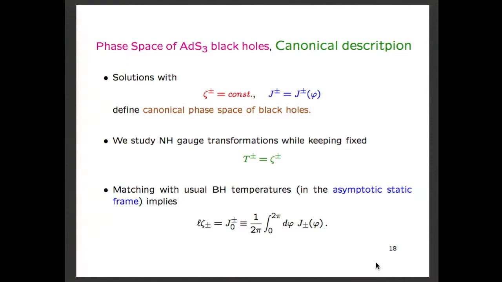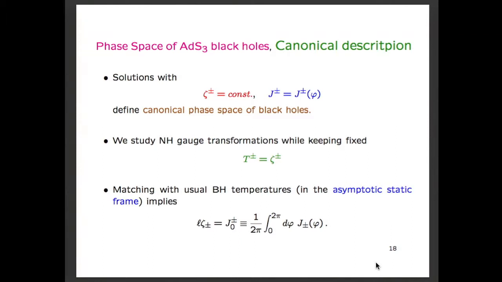The reason I call them canonical is that this choice corresponds to fixing the left and right temperatures at the horizon. So all sets of geometries given by these two conditions would be black holes of the same temperature at the horizon. But this is the information at the horizon. If I want to translate it to the standard information of black holes at infinity, I need to relate the zero mode of this function of phi to this zeta plus minus function in this way.